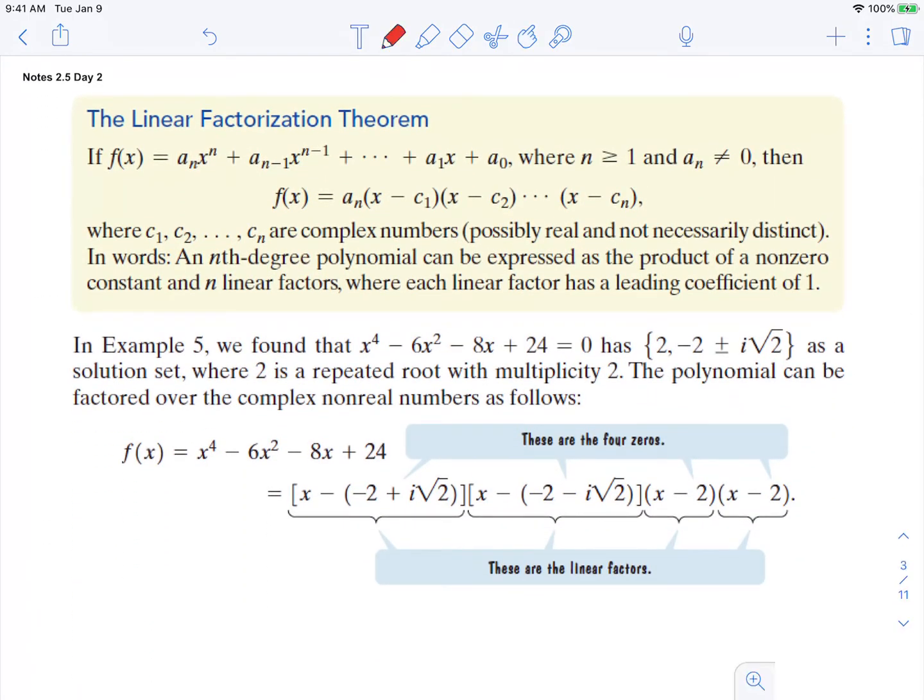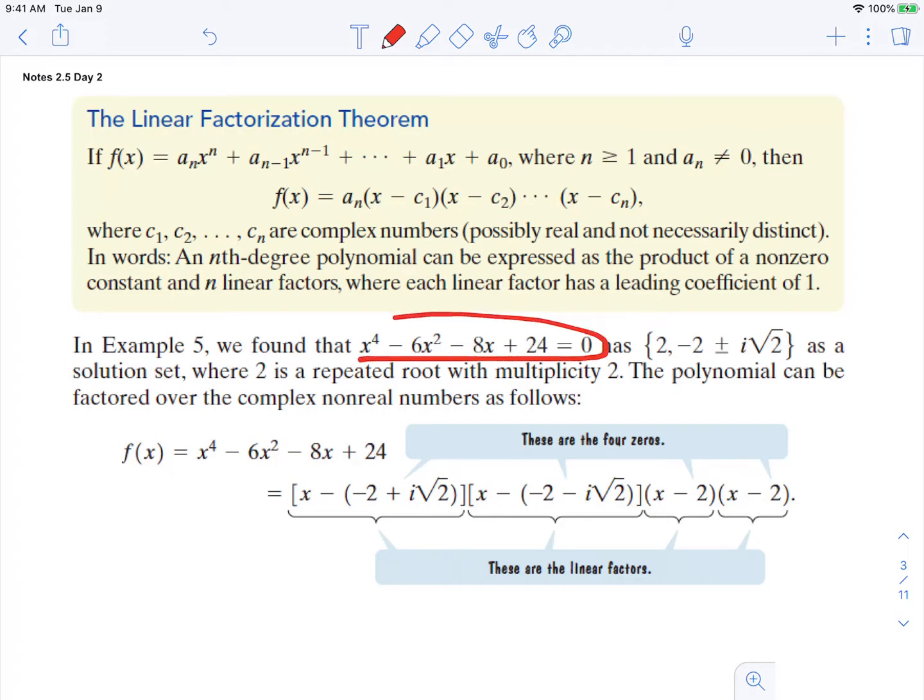This next slide is on the linear factorization theorem. It shows that if you have a polynomial in general form, you can factor it into separate factors. So there's an example below.